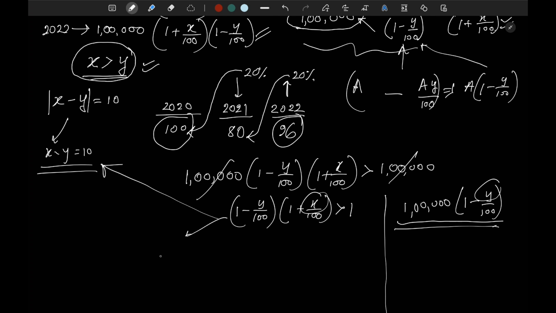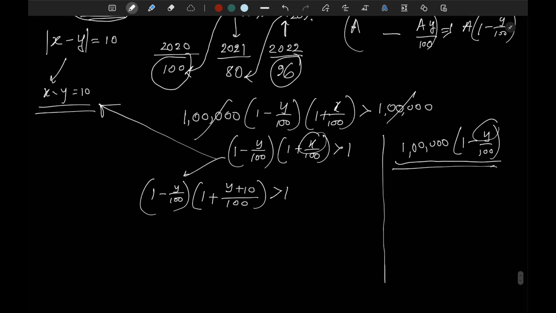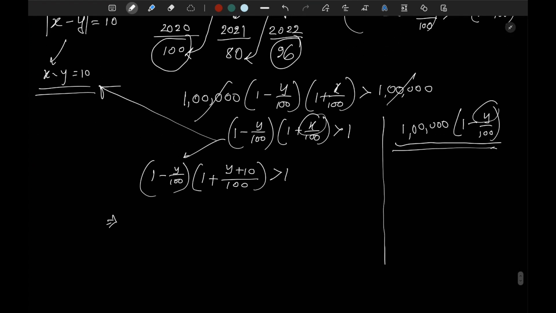So let's rewrite this thing. 1 minus y by 100 into 1 plus x, which is y plus 10, by 100 is greater than 1, or we have 1 multiplied by this plus y plus 10 by 100 minus y by 100 minus y into y plus 10 by 10,000 is greater than 1.